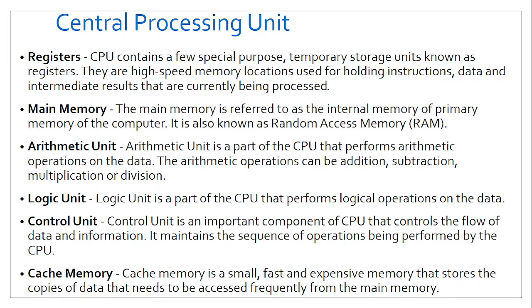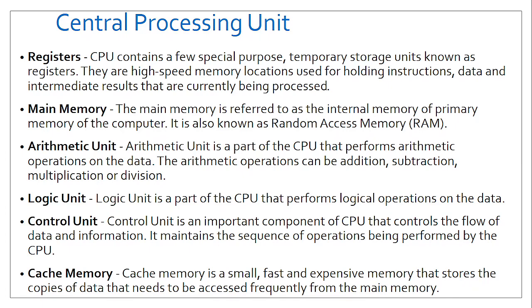If we are to position a register, we can put it between the main memory and the CPU, just like the way we normally place the level 2 cache. So it's more or less the same. It stores very frequently accessed instructions, high-speed locations within the computer. Then you have the main memory. We have seen it is the RAM.